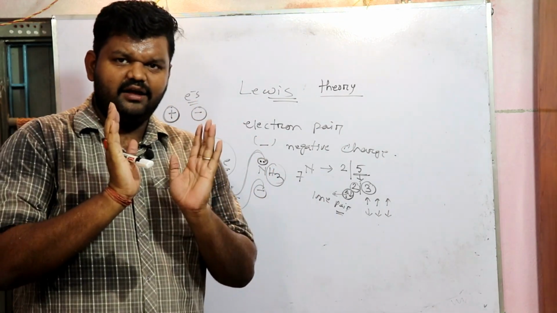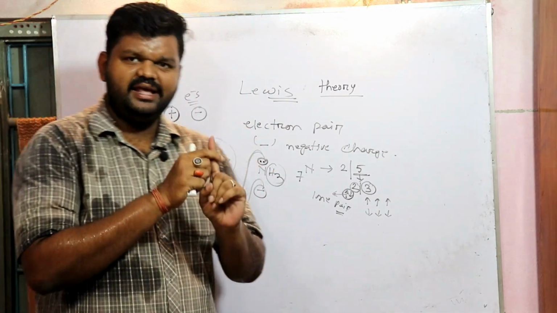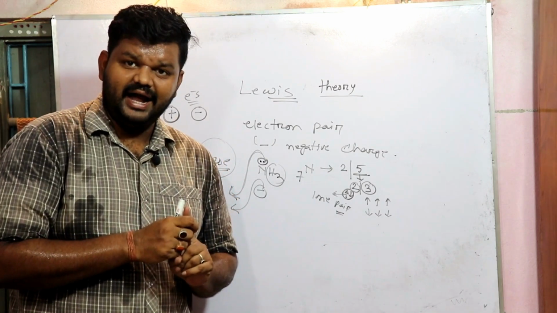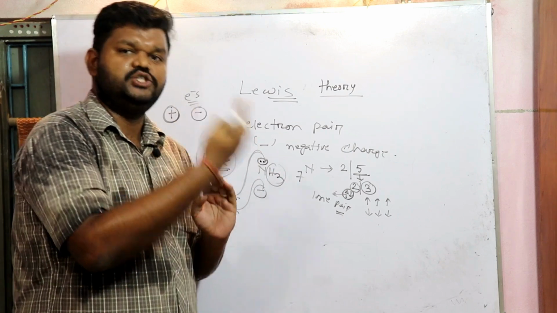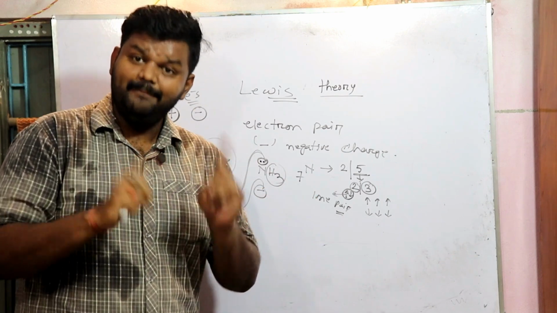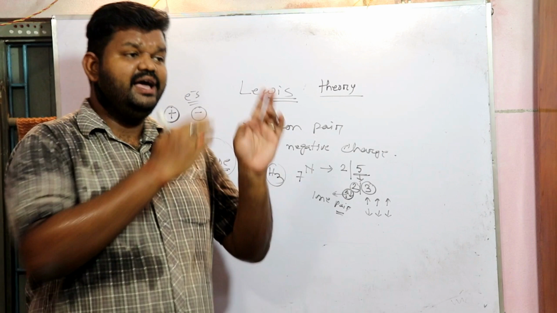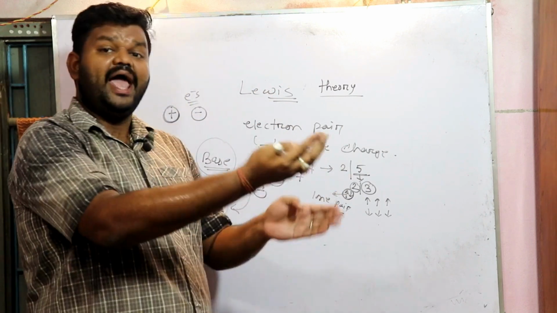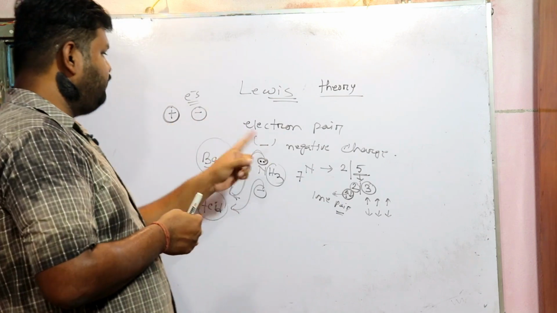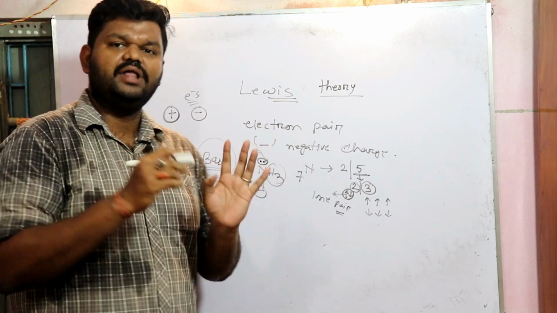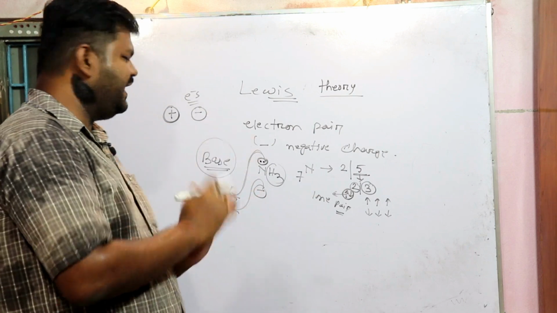Just think very carefully. From the Arrhenius theory we got the idea that H plus ion donation is known as acid, OH minus donation is known as base. In the case of Bronsted-Lowry theory, H plus ion donation is acid, and H plus ion acceptance is base. And after that, Lewis theory is all about electrons, electron pairs and negative charges.